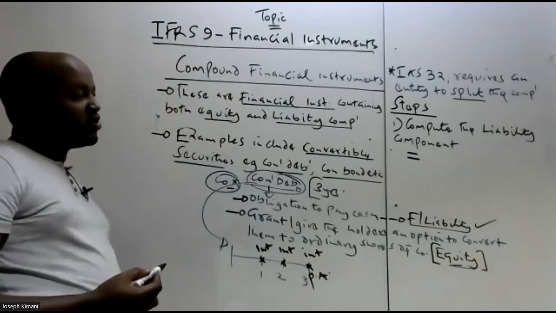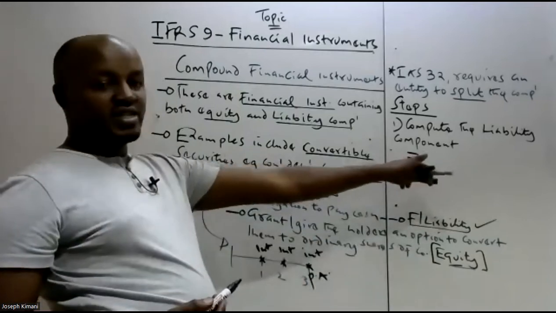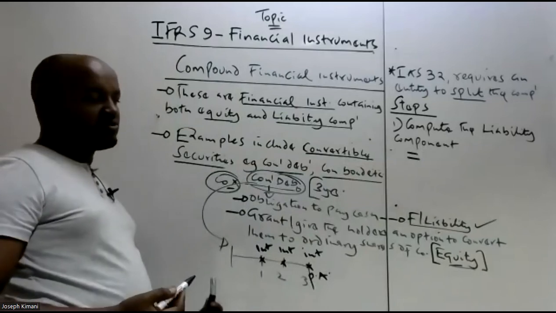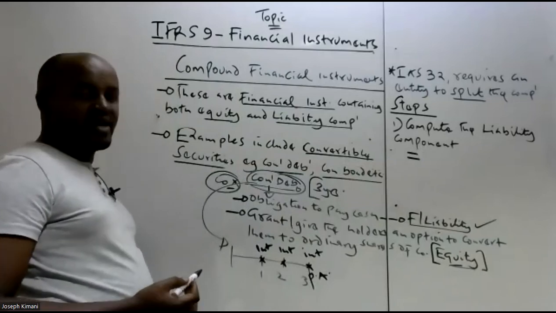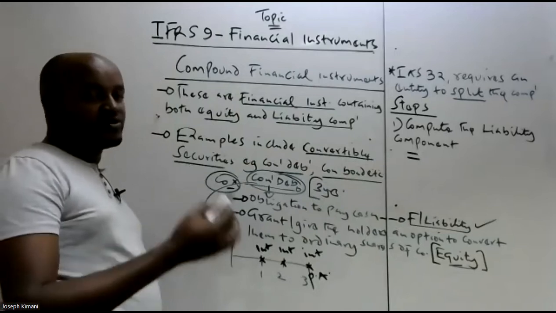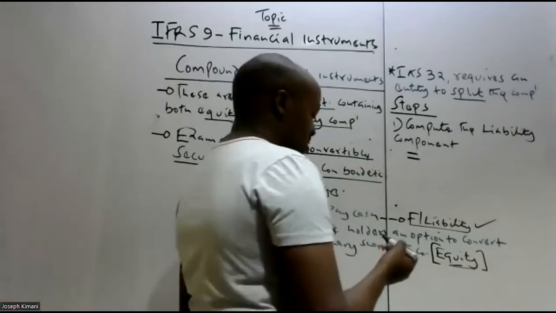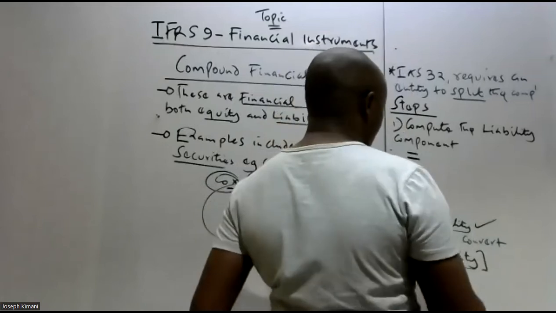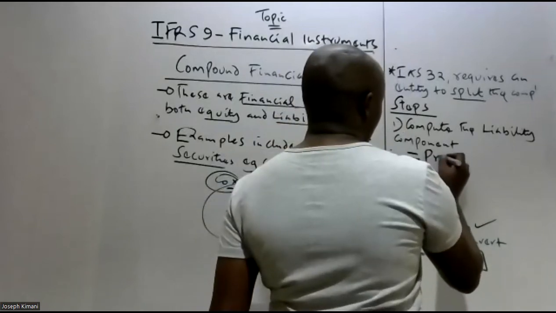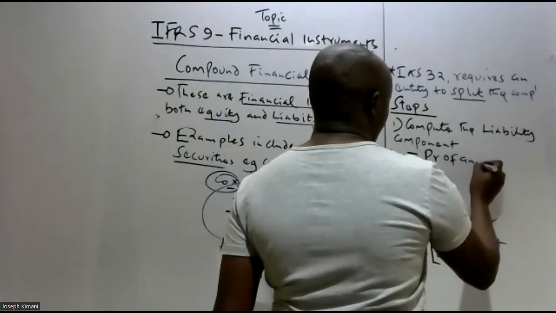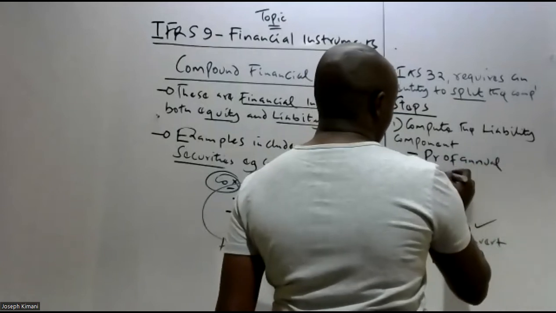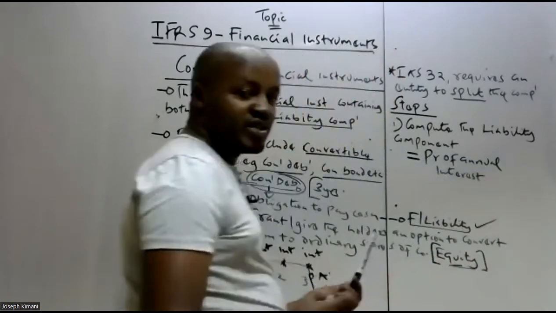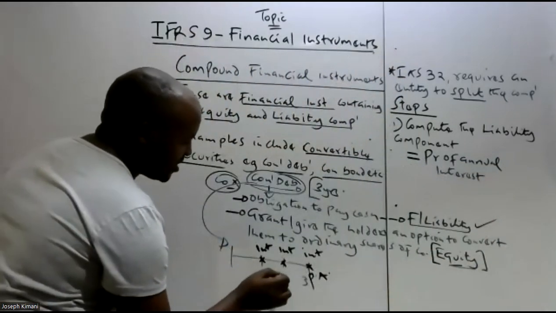So to determine the liability component, we discount all this. What is to discount? By now, I hope you know, to discount is to get the present value of future cash flows. So we add 2 items: the present value of annual interest, which is the interest paid every year.